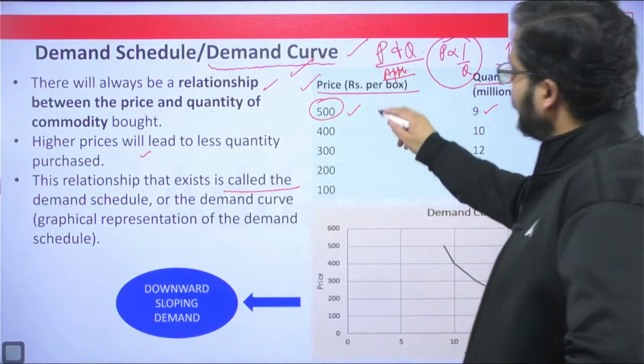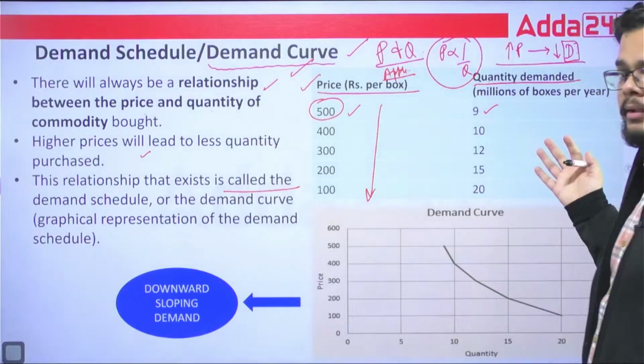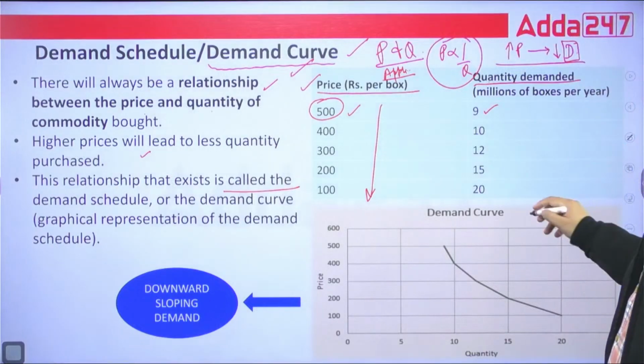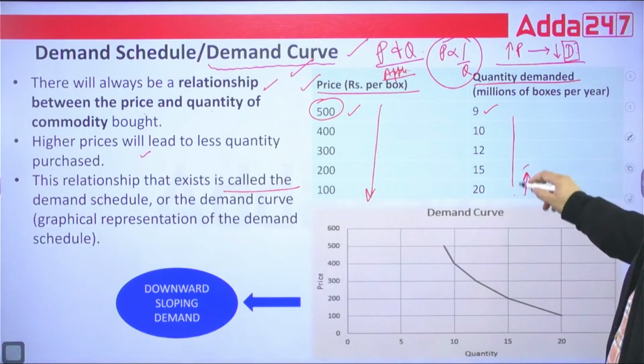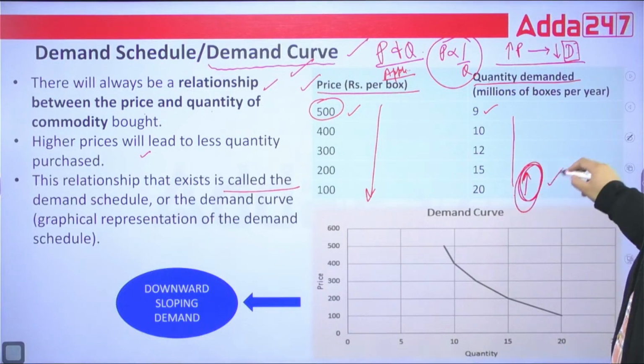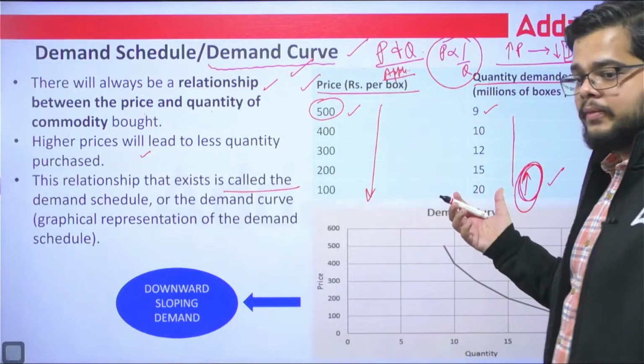As the price falls, the quantity demanded will increase. So this shows us that we have an inverse relationship.